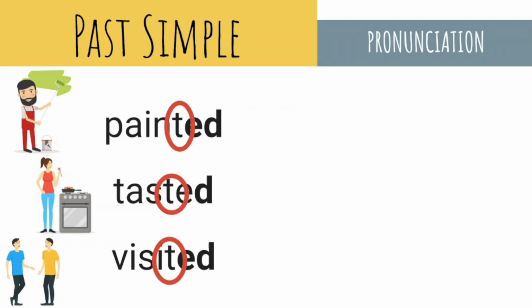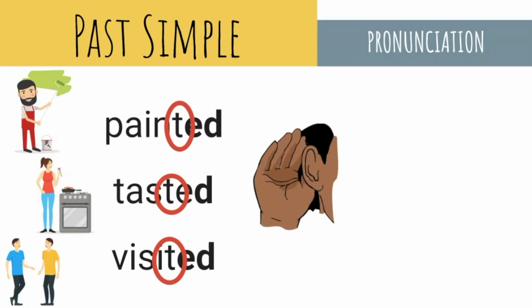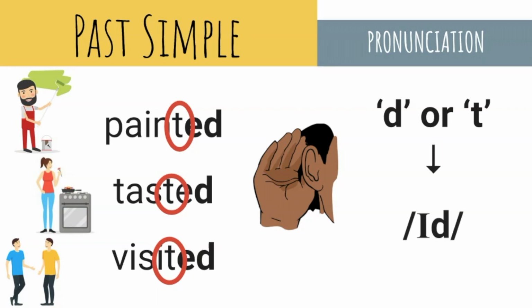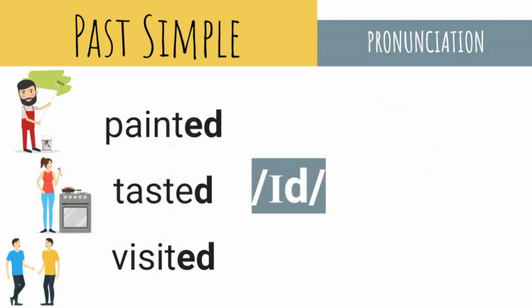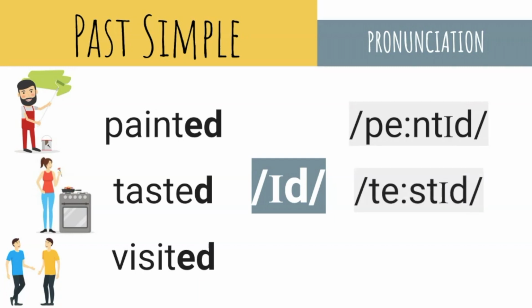Since d and t are so similar, when a verb ends in d or t, we add a whole extra syllable. We add id. Paint becomes painted. Taste becomes tasted. Visit becomes visited.